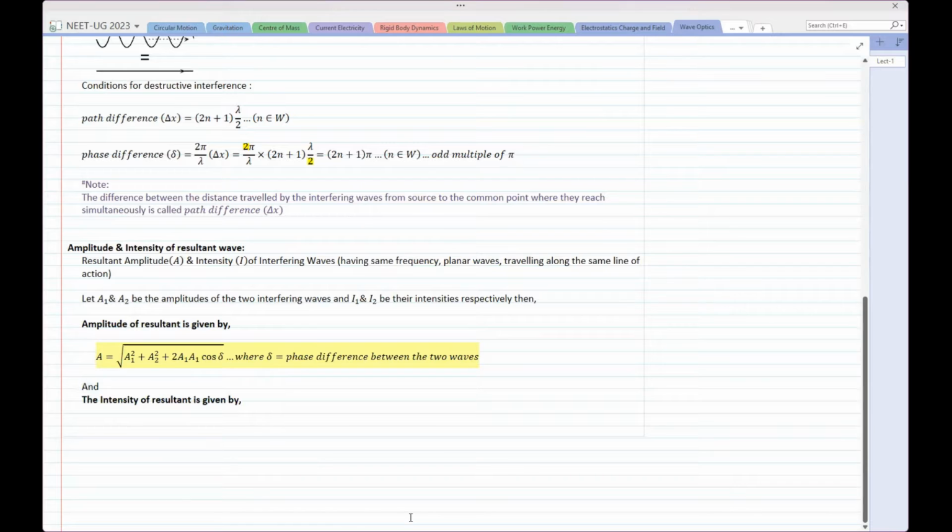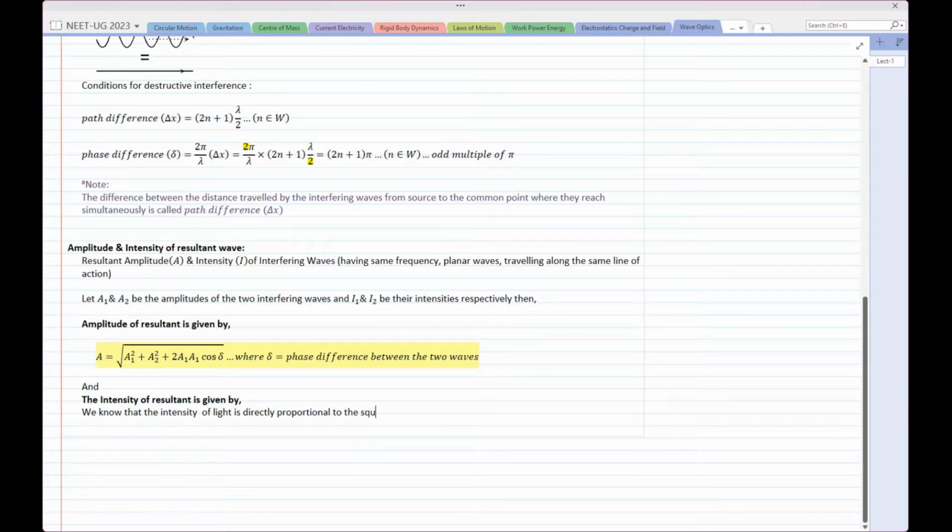इंटेंसिटी का फॉर्मूला क्या होता है? तो इंटेंसिटी इज डायरेक्टली प्रोपोर्शनल से, we know that the intensity of light is directly proportional to what?